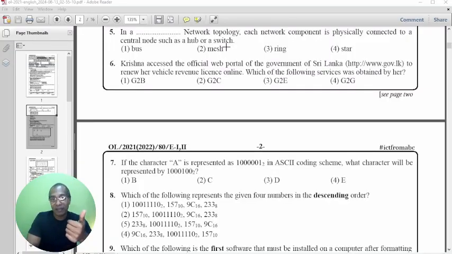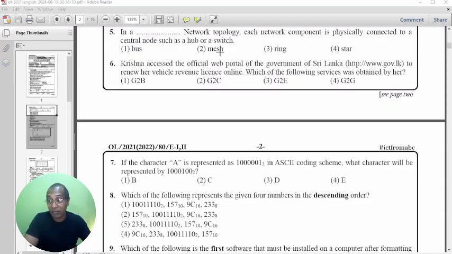Definitely not a bus, because a bus connects one after another in a series. Definitely it's not a mesh, because a mesh network contains components of stars and components of rings, so it's a complete mesh.